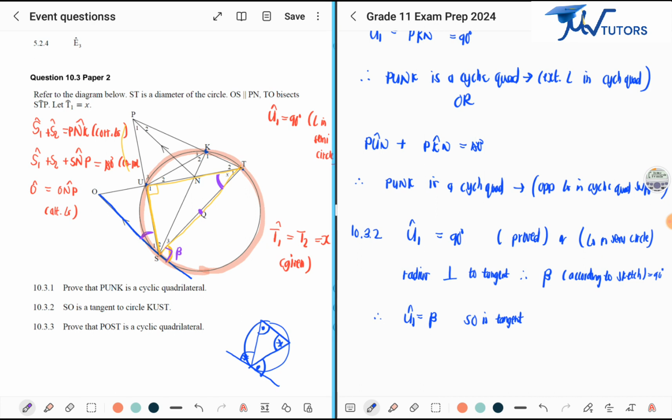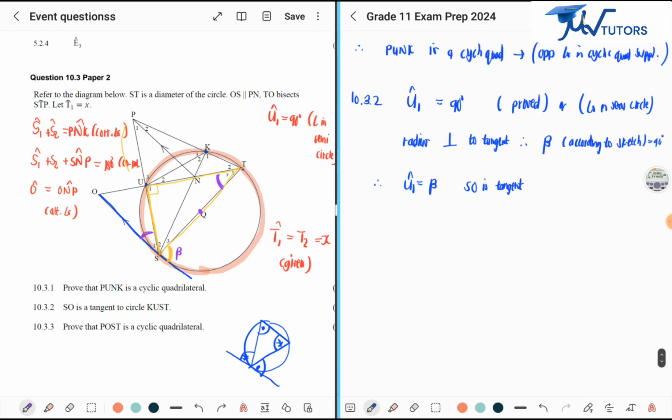Okay, this one is a little bit tricky because we didn't really have a definition for that angle there. So maybe they are forcing us to somehow look at X, and now we need to show that S1 is actually equal to X. Okay, so they've told us that T1 is X, right? That was given.